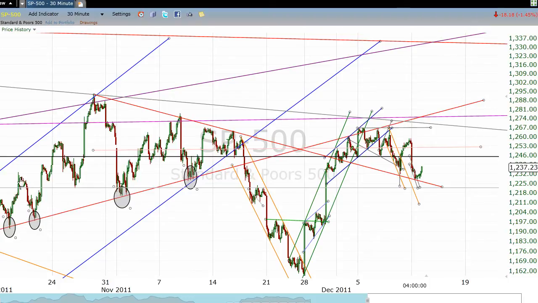Now, I've mentioned this could also be a complex head and shoulders as well. It doesn't matter. The implications are exactly the same in this case. Not in all cases, but in this case.